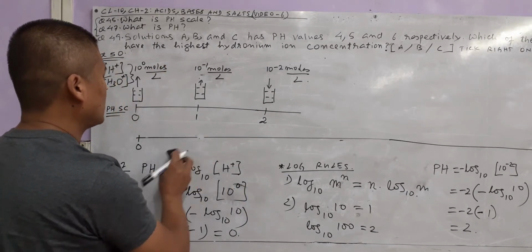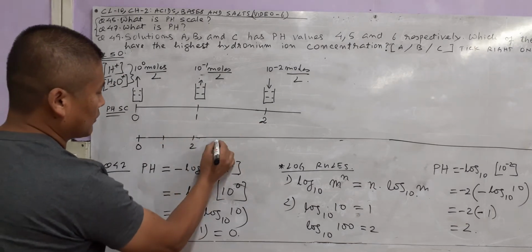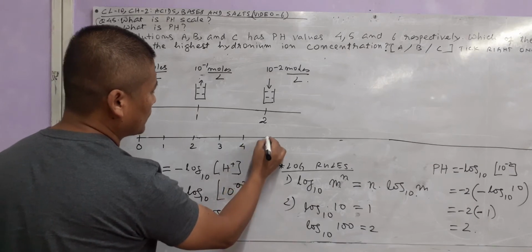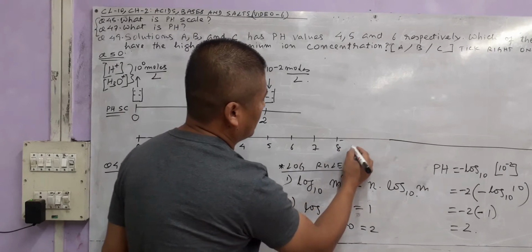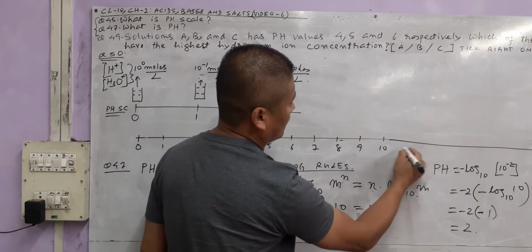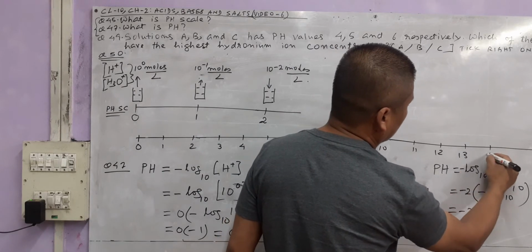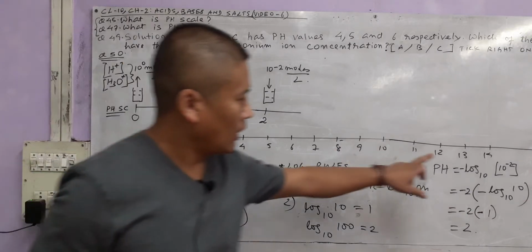So let me make it shorter. Here like this, 1, 2, equal gaps, 3, like that they made a simple scale of 1, 2, 3, 4, 5, 6, 7, 8, 9, 10, 11, 12, 13, 14. So the pH scale runs usually from 0 to highest 14.